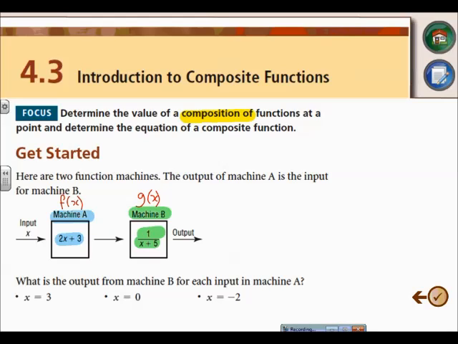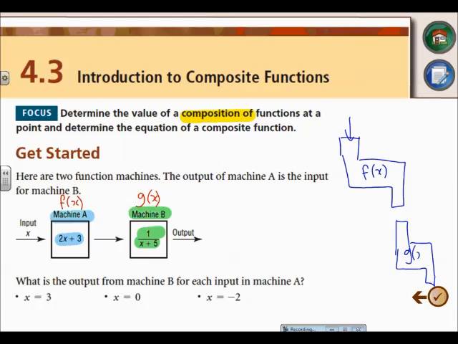I like to think of a composition as kind of like this here. I'll do another quick drawing for you. So we've got, let's see, the first machine that we have, let's say you've got a hunk of steak. And you take that steak and you throw it into a meat grinder.